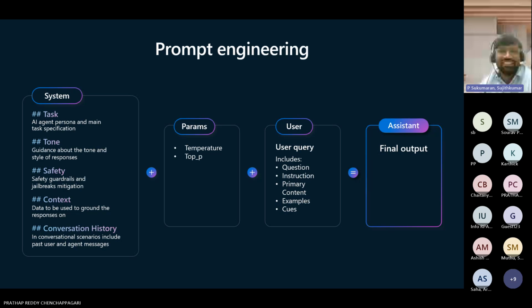For example, in a system prompt, we give the task description: what should I accomplish with this? What is the expected behavior? What kind of information am I looking for? When you answer me, can you give a formal, casual, a little funny or technical-level answer? You can specify a behavior. Safety guards are very important. So what topics should I avoid?